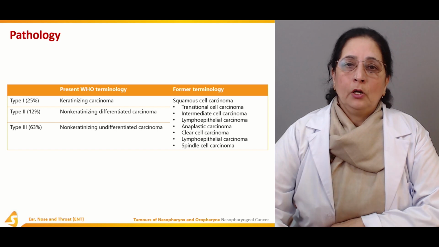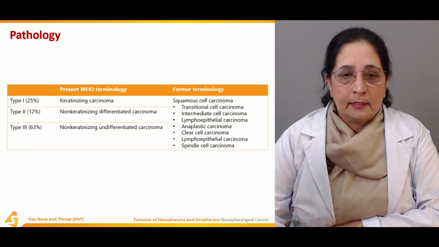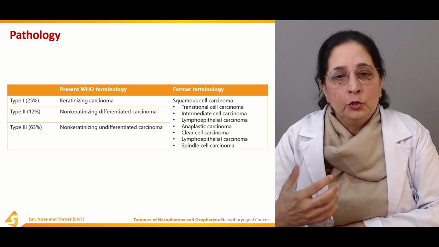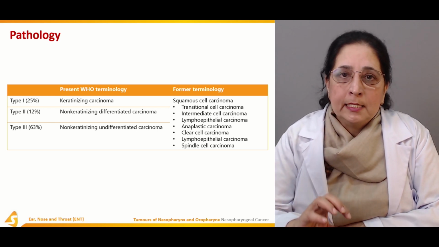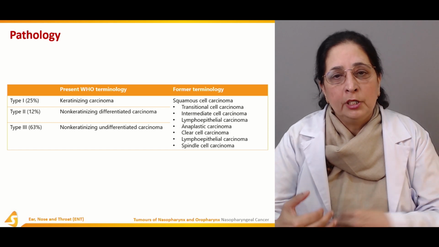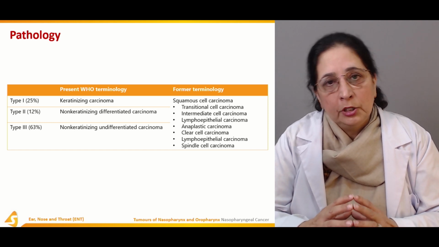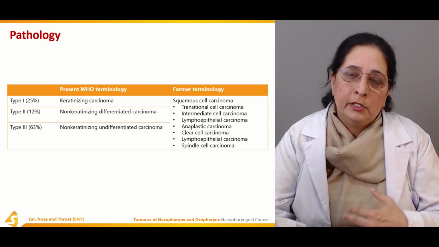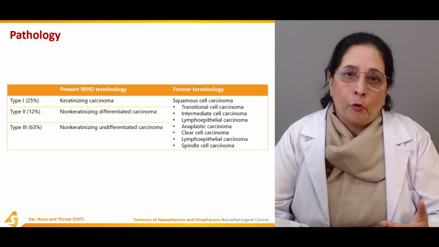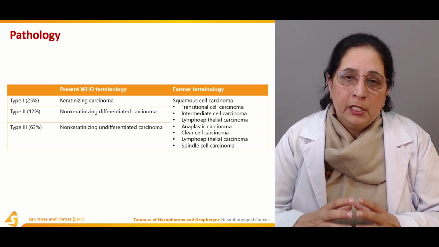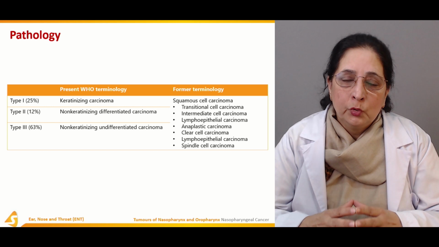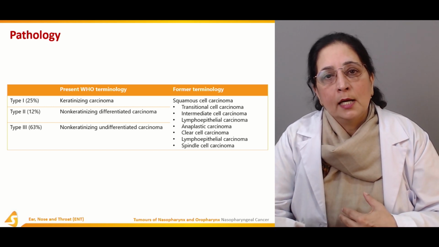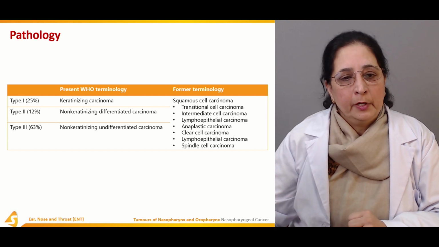The pathology of nasopharyngeal cancer: first it is divided into two terminologies, the present WHO terminology and the former terminology which was used before. The present terminology, the terminology that is used right now, is called the World Health Organization, WHO, terminology.